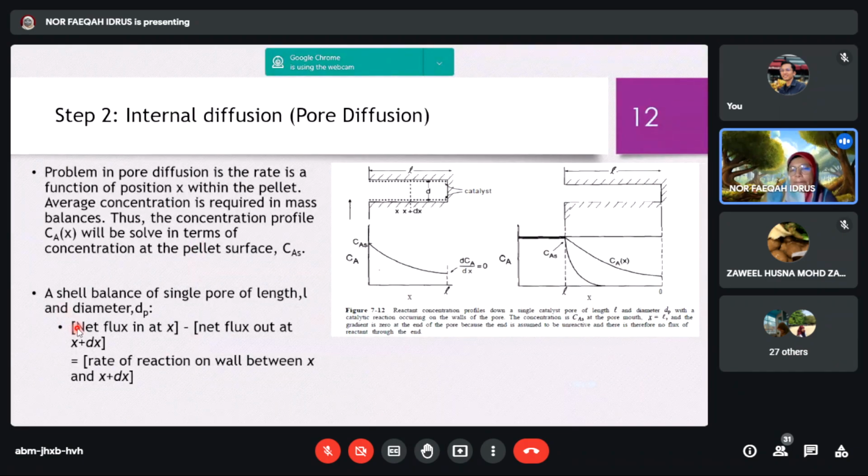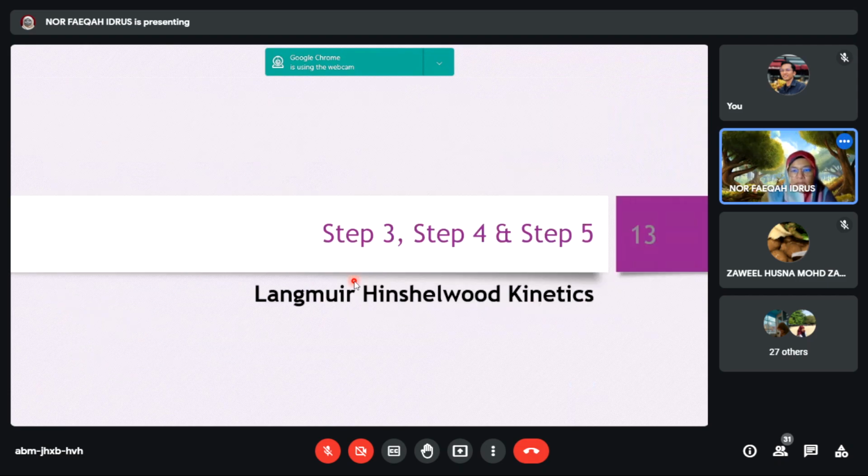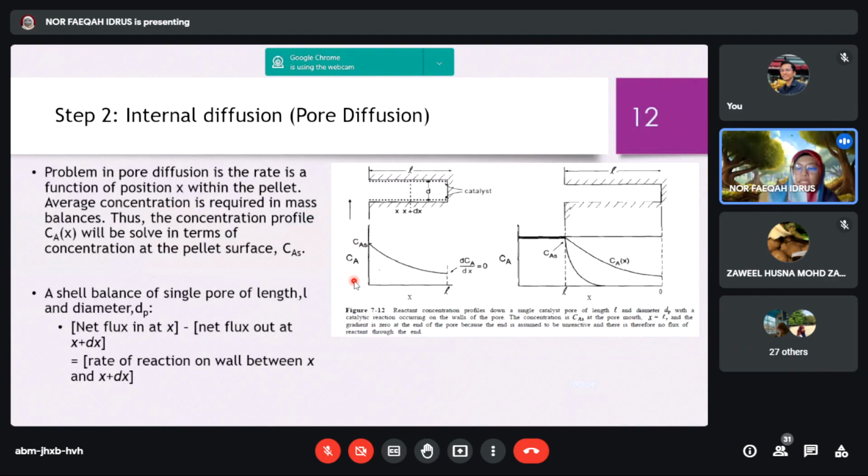Then we are not able to solve it by using manual calculation. You kena buat modeling, okay, baru boleh solve. That's why kita hanya consider the theoretical part, the principle on how the internal diffusion occur and what will affect the pore diffusion. So kita tak consider the calculation part. Okay, so kita stop sampai situ.